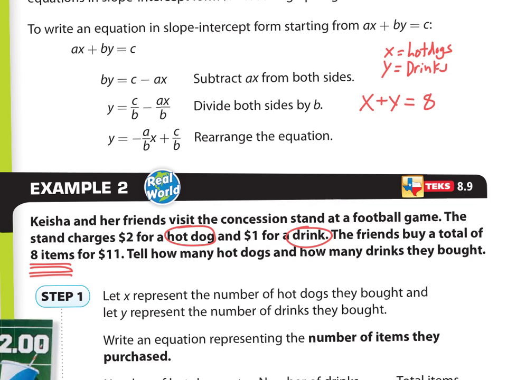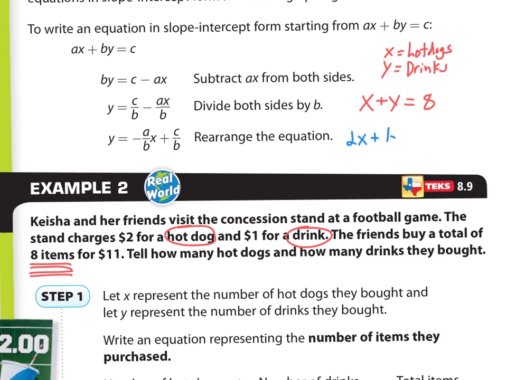All right, now we can start to talk about the price. Each hot dog costs how much? $2. So we're going to pay $2 for every hot dog. And then how much for every drink? $1.